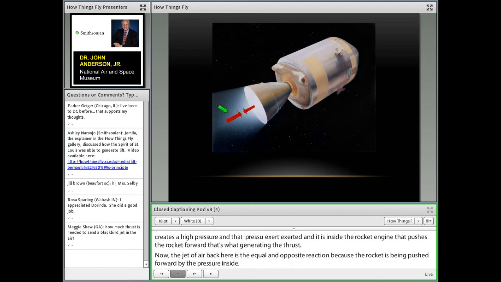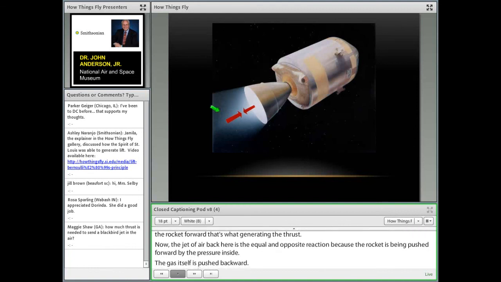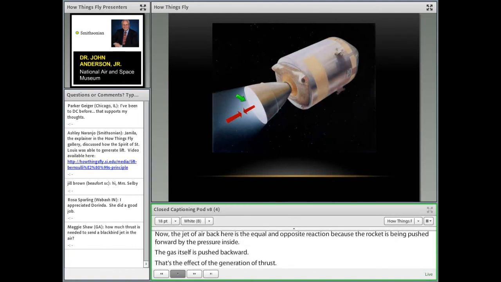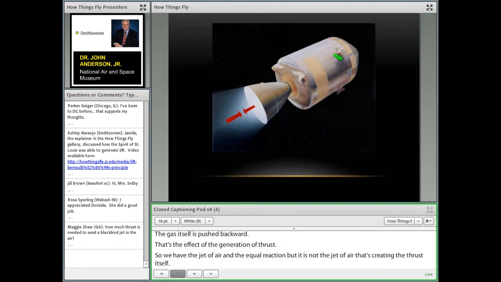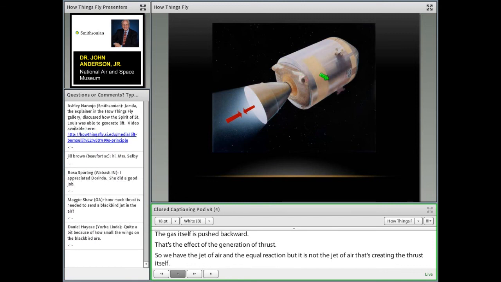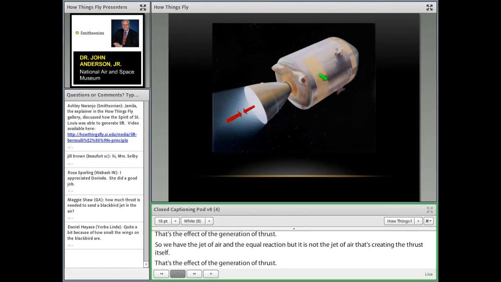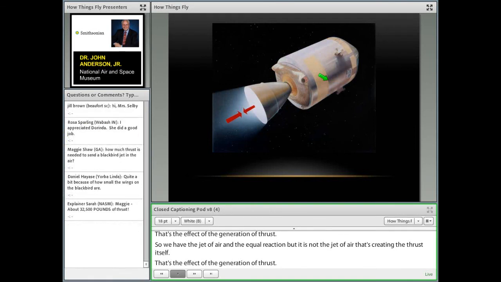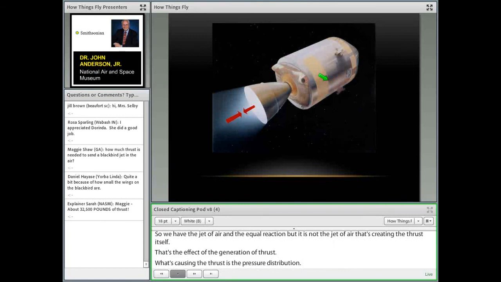So we have the jet of air, the equal and opposite reaction, but it is really not that jet of air that's creating the thrust itself. What's causing the thrust is the pressure distribution exerted on the interior surface of the rocket engine. And this is a misconception because the explanation I just gave you, you will not find in that many places.